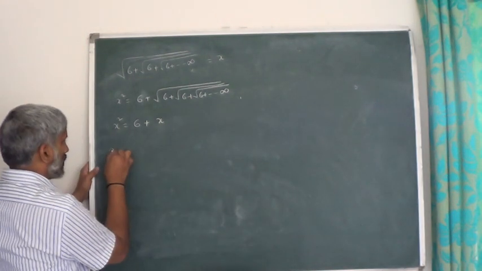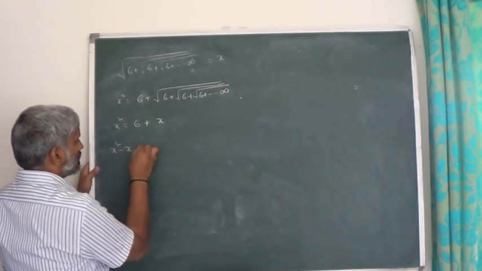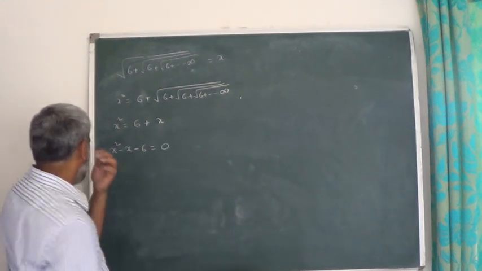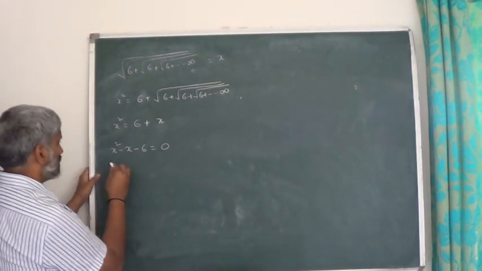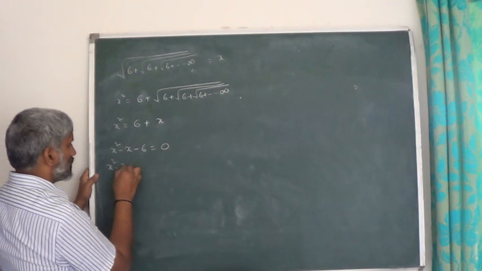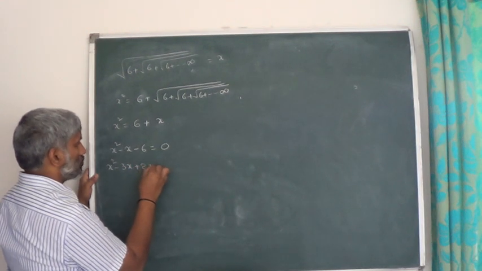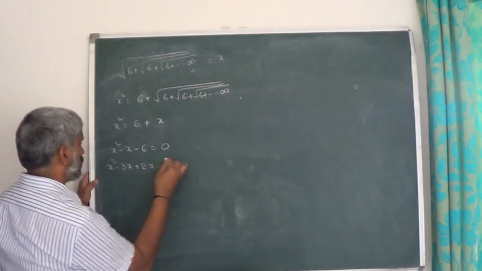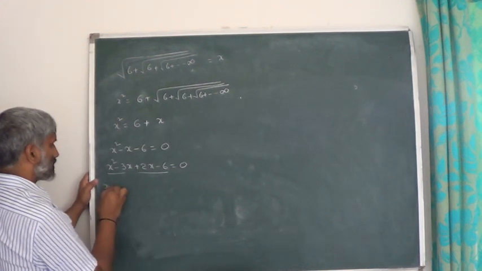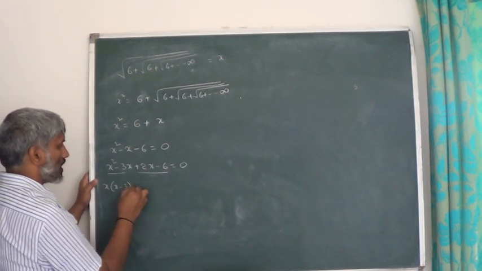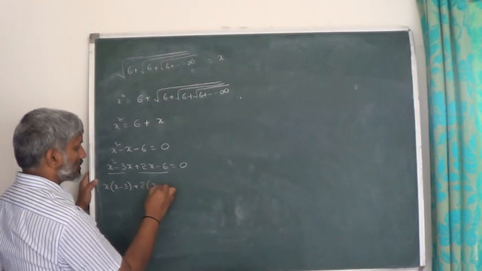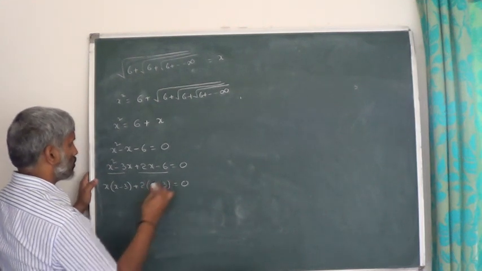So we'll get x square minus x minus 6 is equal to 0. Now factorization, x square minus 3x plus 2x minus 6 is equal to 0. Now middle term factorization, x into x minus 3 plus 2 common x minus 3 is equal to 0.